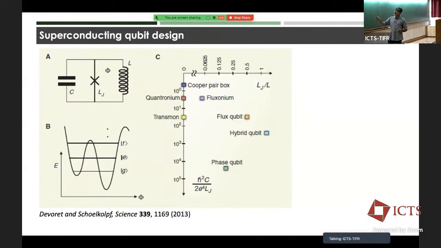Same with the linear inductor. Plus, you can have other mechanisms which cause this Lj to fluctuate slowly in time. None of that is represented in this simple circuit. Here, everything is considered ideal. Decoherence has not been considered at all. When we write down the Hamiltonian, we typically don't consider it when we are interested in looking at the energy spectrum and how the level structure looks. Dissipation comes in at a later stage.